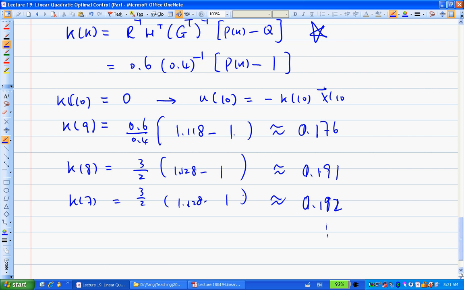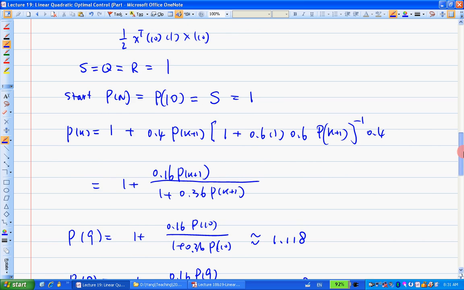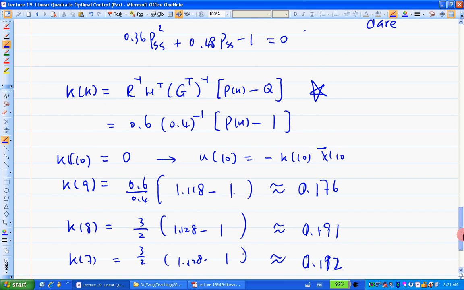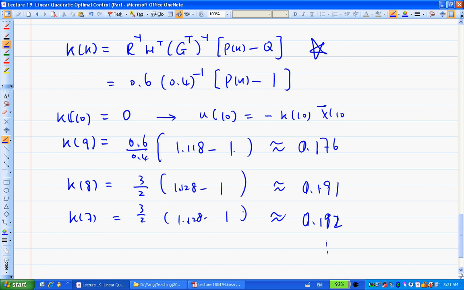For the optimal control here, your final state is 10. So the u of 10 doesn't play any significance. You don't need it anymore, and that's why this is essentially just 0 here.